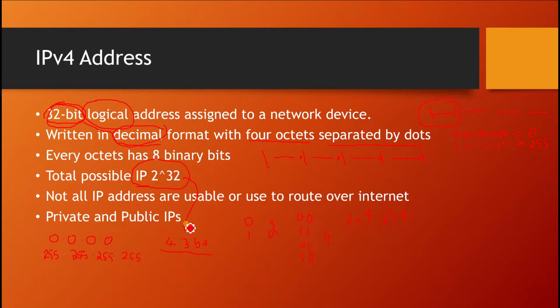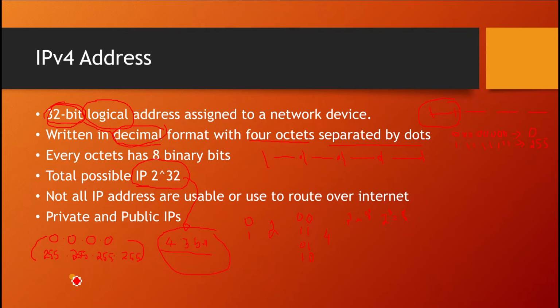Even though we have got 4.3 billion numbers, we cannot use the entire range of IPs here. Some of the IP addresses can be used, some cannot be used. In every IP class, as I said earlier, to manage these IP addresses, we have divided them into a number of classes. There are about 5 classes: class A, class B, class C, class D, class E. So every class has a range. To cover the whole range of IPs, we divided it into 5 different ranges.